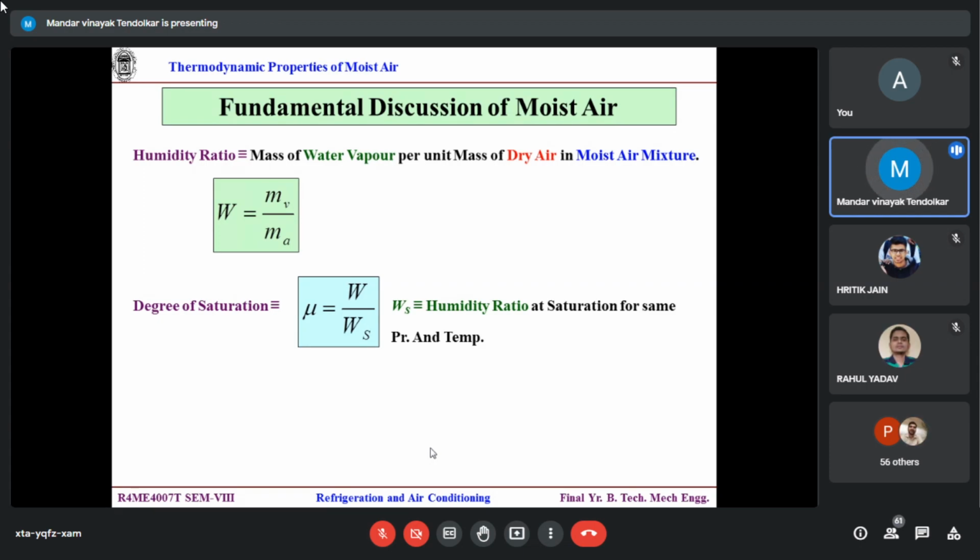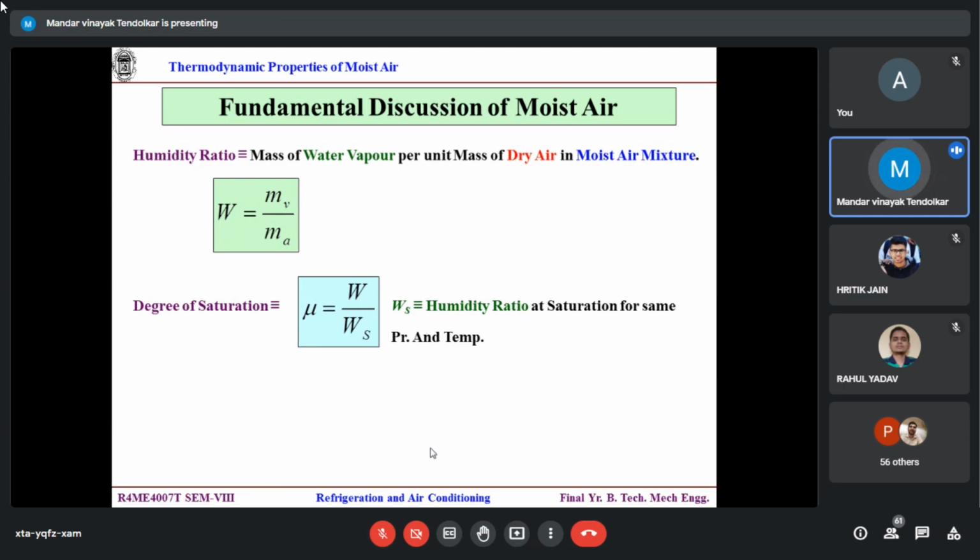So let's say right now you people sitting in front of me in the classroom, whatever is the pressure and temperature over here, and there is some moisture. Is it a maximum one? No. Then the ratio of the some moisture here to the maximum moisture, that is the degree of saturation. The name itself will give you the hint.